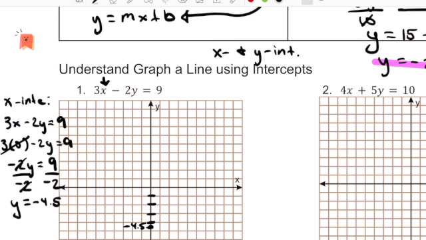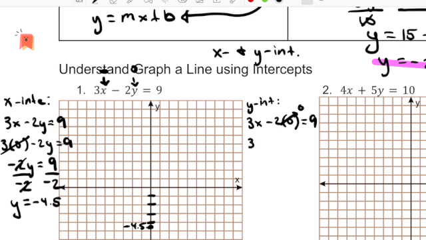And now for the y-intercept, we will need to plug in 0 for the y on our standard form. So then we have 3x minus 2, and plug in 0 for y, equals 9. So negative 2 times 0 is again 0.